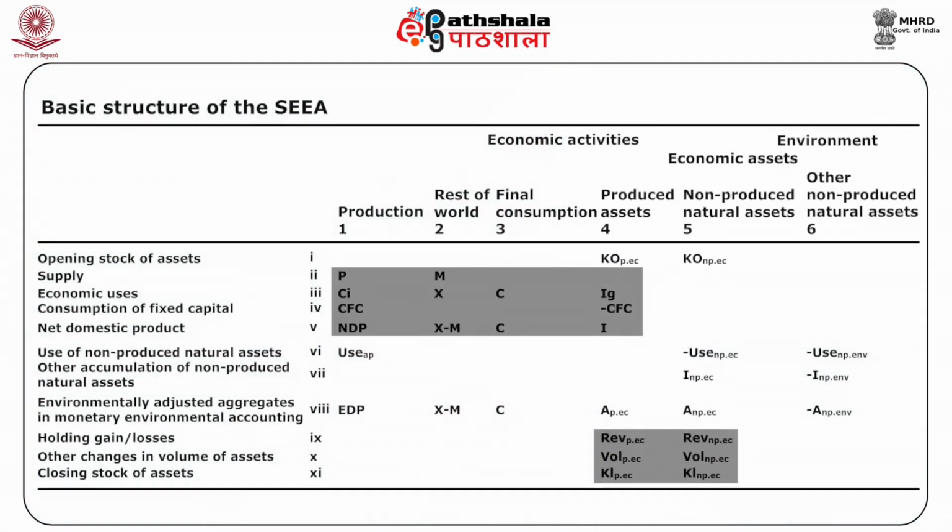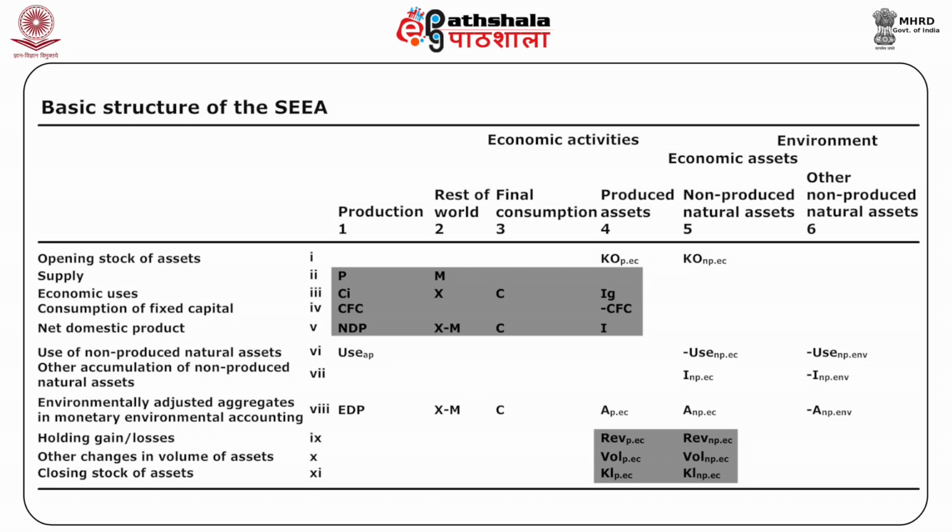Now, if you look at this table which covers the conventional SNA aggregates, K with the subscript P.EC is the value of stocks of human-made or produced capital, and K with the subscript NP.EC is the value of stocks of natural resources like oil, gas, cultivated forests and so on, and they both are shown in row 1.